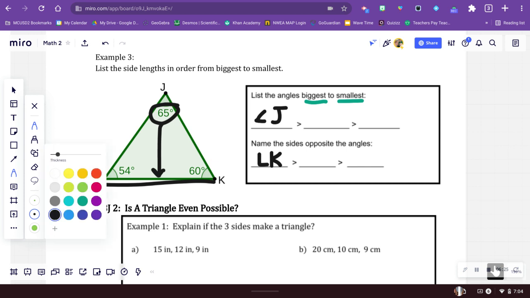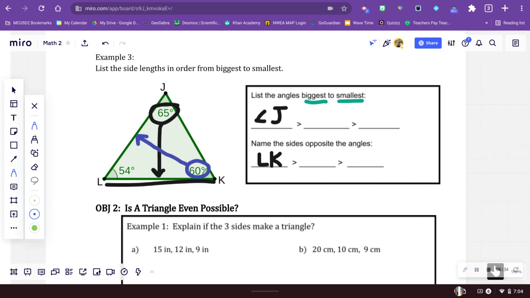Looking at the medium one in the middle, 60. Going across from 60, I hit LJ. And that came from angle K being the middle angle.